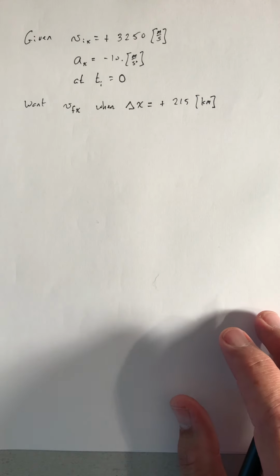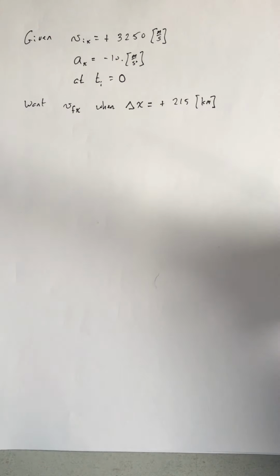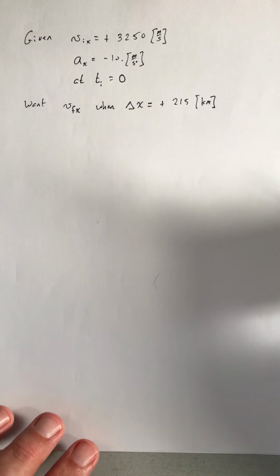So the first thing I want to do is make an inventory of the 7 possible variables and make note of which things we know, which things we need to solve for, and which things are irrelevant in this particular problem.